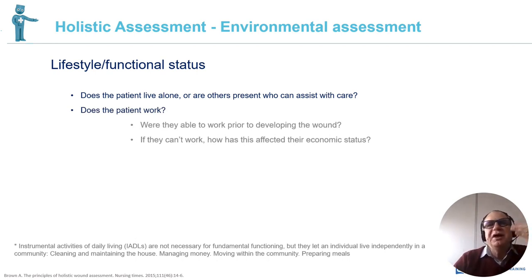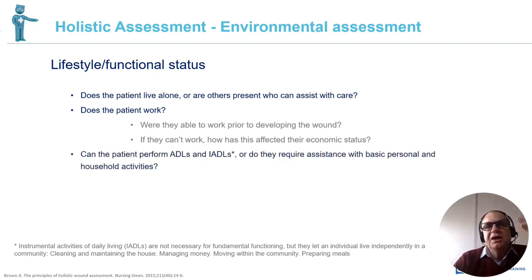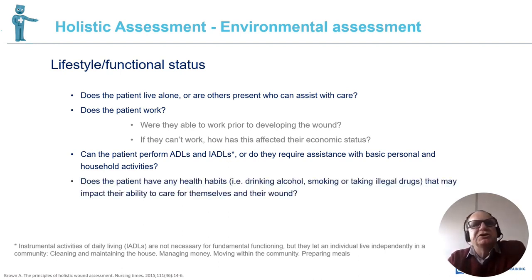Will they be able to work with the type of wound management that we are going to give them? How will it affect their economic status? Can they perform their normal practices in their life? Do they require assistance? If they require assistance, how can we help? Maybe we should call in the social worker to see what type of assistance we can provide for these patients.